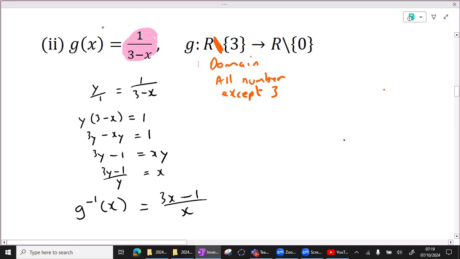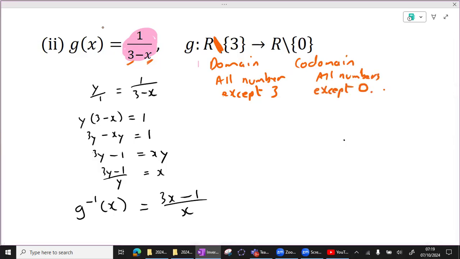Now, why is that? Well, because look at the question. If x was 3, you'd end up with 3 minus 3, which is 0, and you can't divide by 0. So that's one of the stipulations of this thing. And then in your codomain, again, your codomain is all numbers except 0.